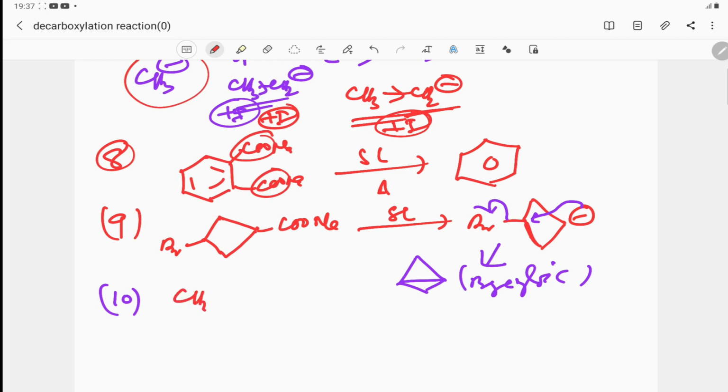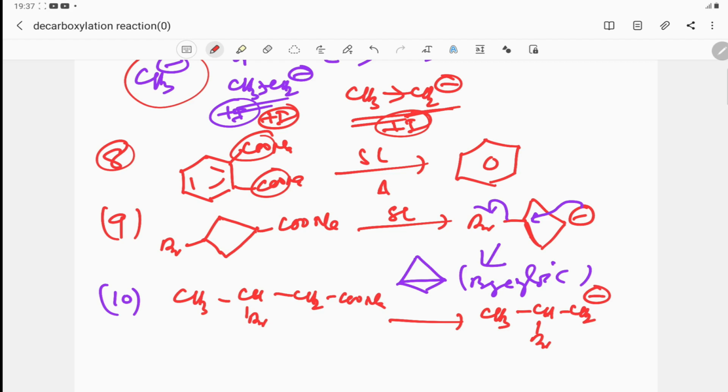If you take CH3, CH, Br, then CH2, COONa. Similarly, in the first step, the carbanion is like this, CH3, CH, Br, then CH2 minus. As per the mechanism, the first step is the formation of a carbanion, and this carbanion, what happens? The negative charge is delocalized in this case, so there is formation of one alkene.